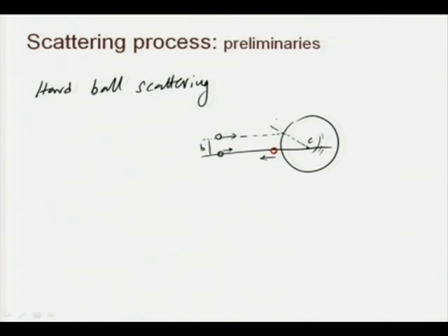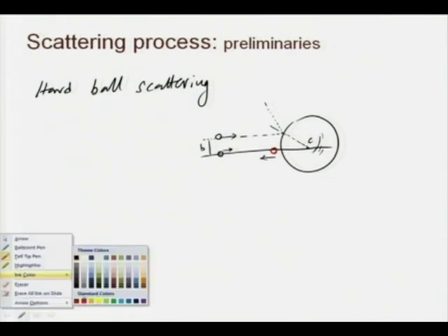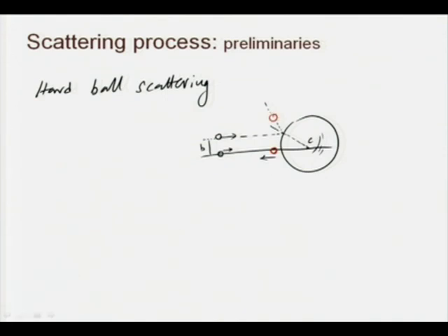Therefore, it will reflect off this hard sphere and come out not opposite to the direction as in the earlier case, but at some angle to the earlier direction. This will be the one which goes out. The red ones are the ones which are coming out after the scattering.